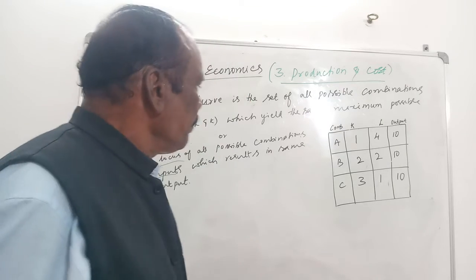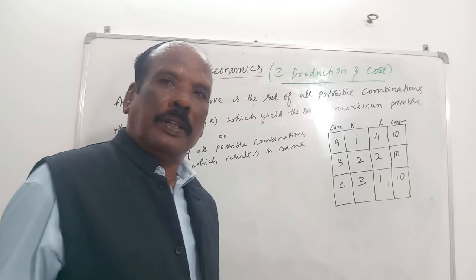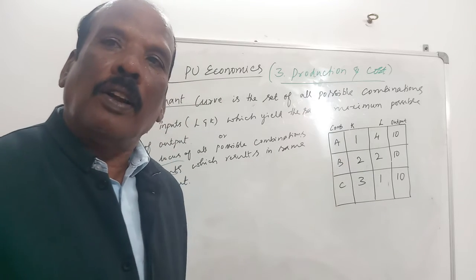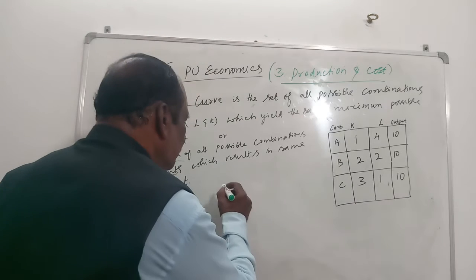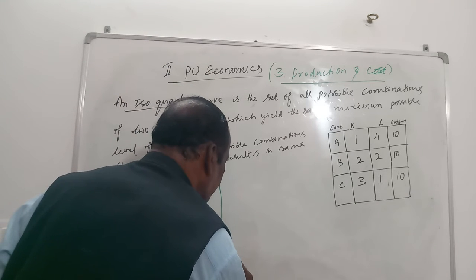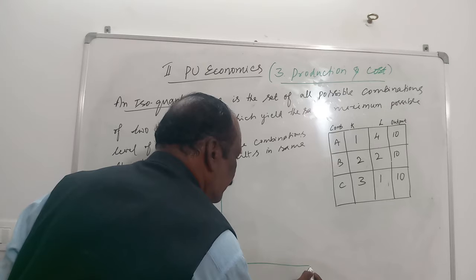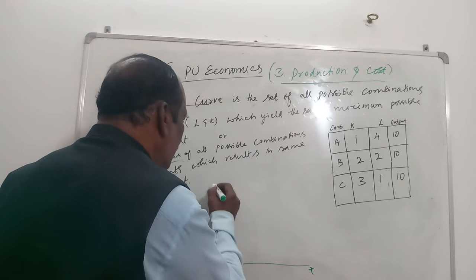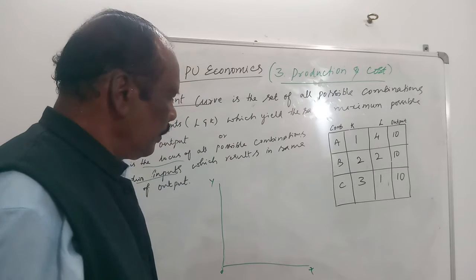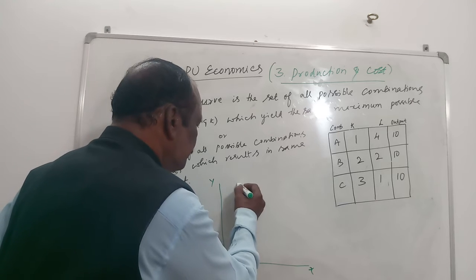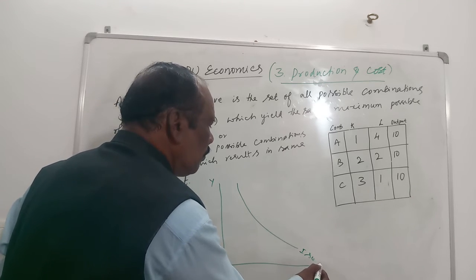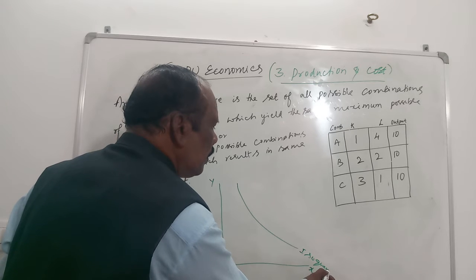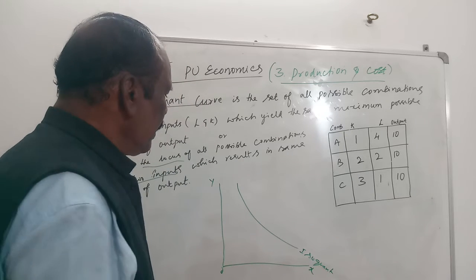Right? Okay. And using this table, we can draw an isoquant curve. Let us see. See, this is OX axis and this is OY axis. This is an isoquant curve.